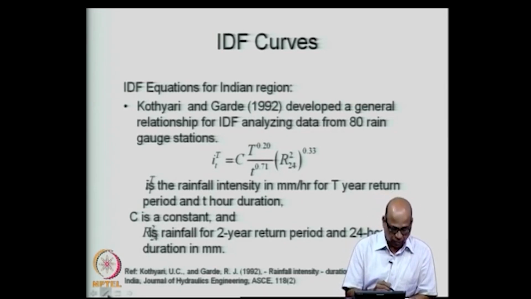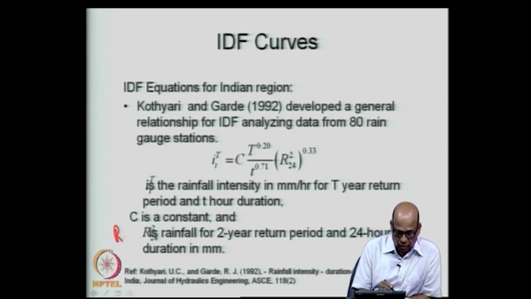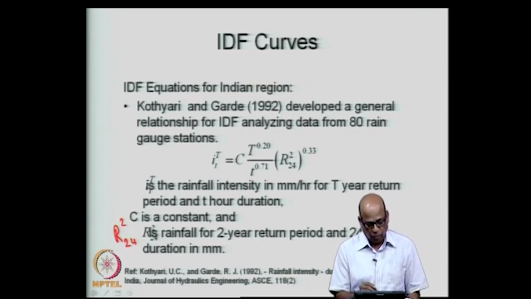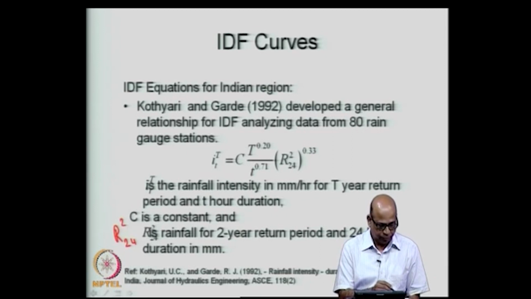I think it is not coming out clearly, so let me rewrite this. This is R 24/2. This is the rainfall for 2-year return period and 24-hour duration in millimeters. We are not talking about intensity there, it is the depth.